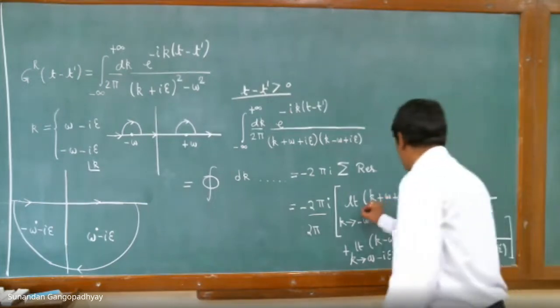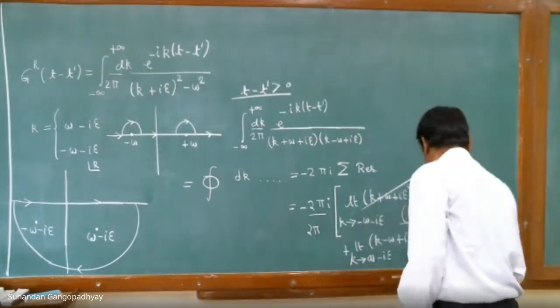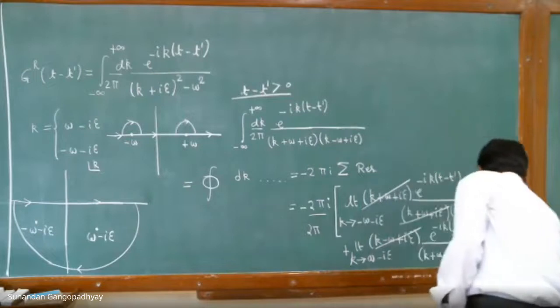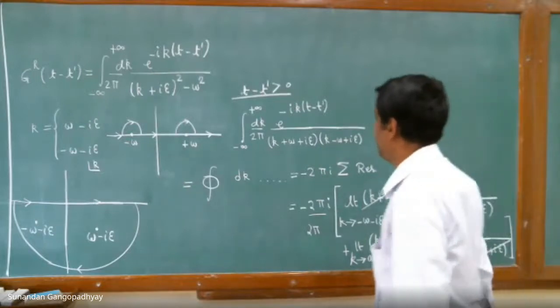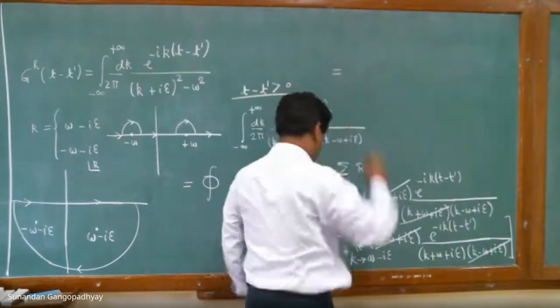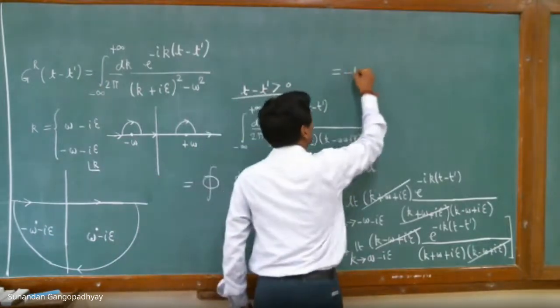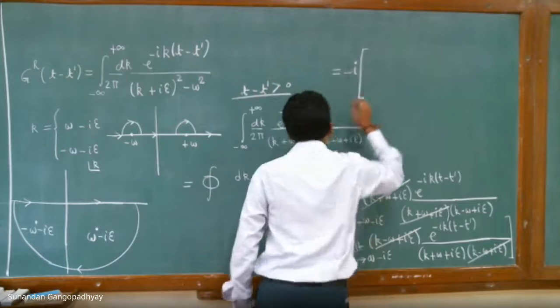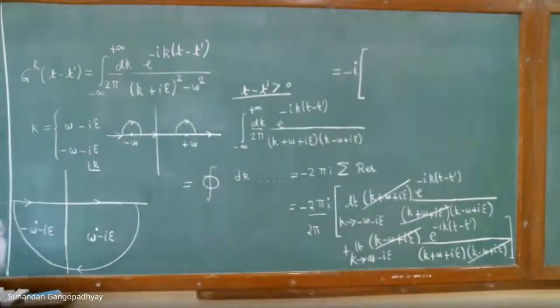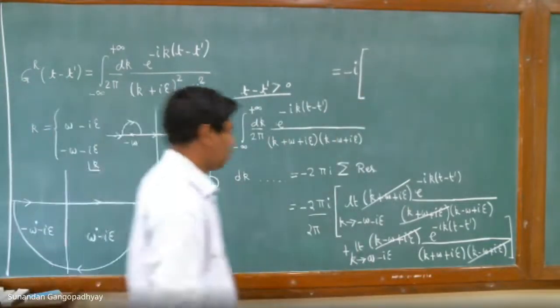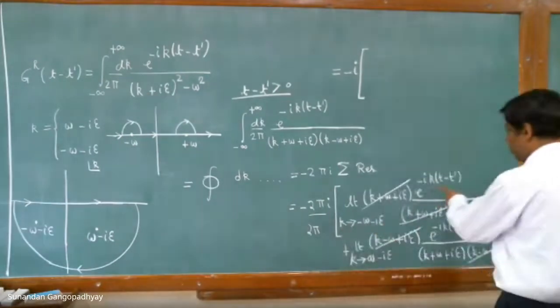Now you can see easily that this factor and this factor cancel, and this factor and this factor cancel. Therefore, here we have a 2 pi, this cancels, and we have a minus i. And we just need to put k equal to this over here.